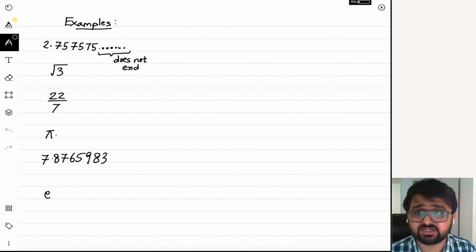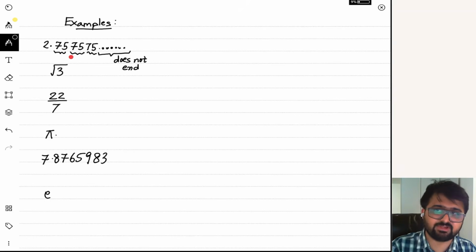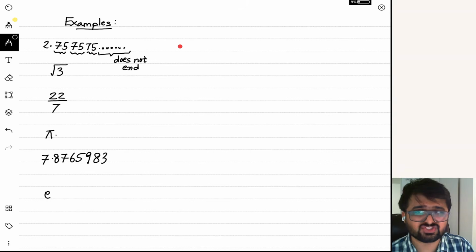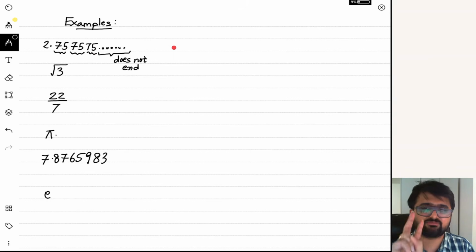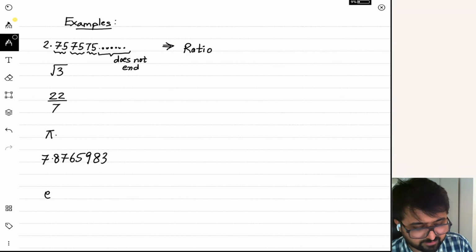What about the second condition? There is 7, 5, 7, 5, 7, 5, a repetitive pattern. Since there is a pattern, this is not an irrational number for sure, since it doesn't satisfy both conditions for an irrational number. Just on the basis of that, this becomes a rational number.